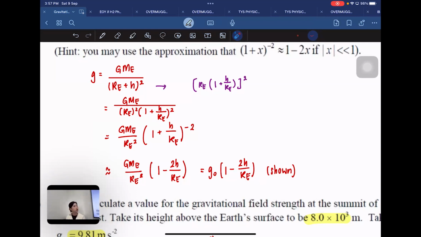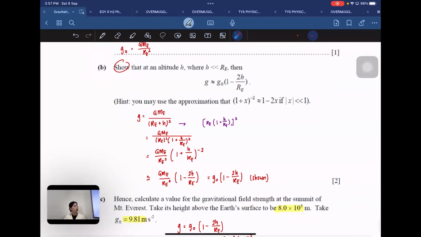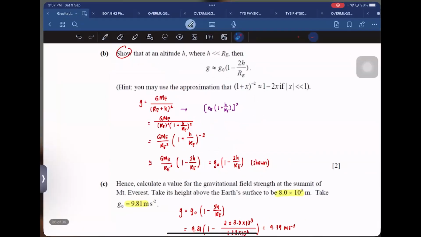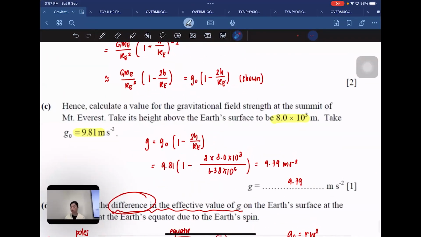Okay, then using this formula, calculate a value for the gravitational field strength. All you got to do is just sub in the values, where g naught is 9.81, 1 minus 2h over RE.